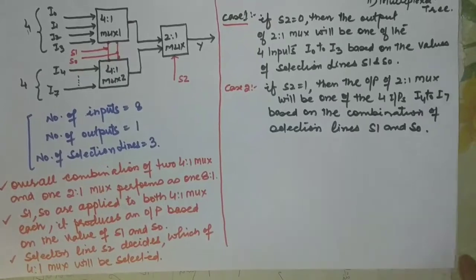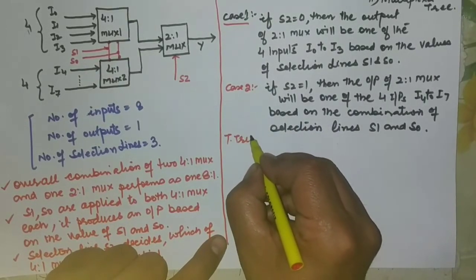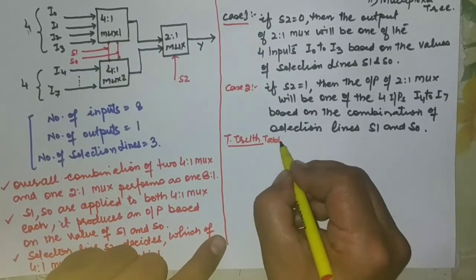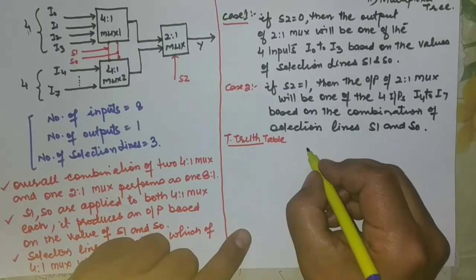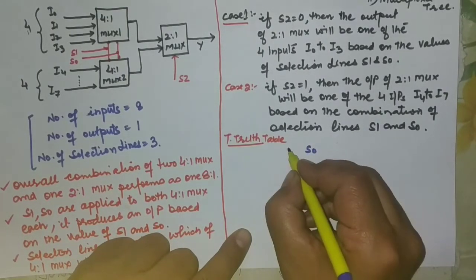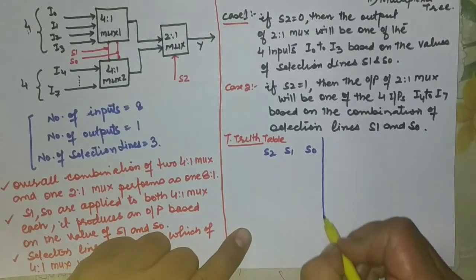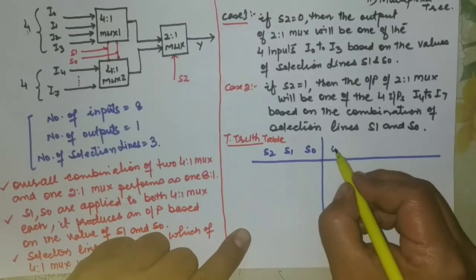So based upon these two cases, if we want to write its truth table, then we can write it as this is S0, S1, S2. These are the selection lines and this is the output.